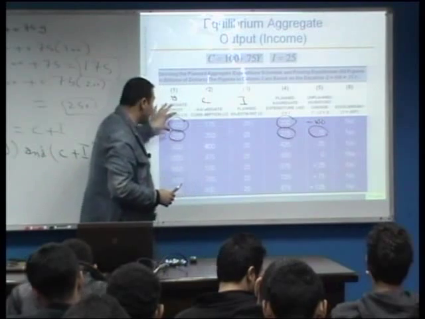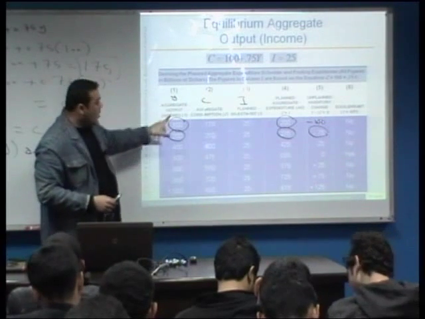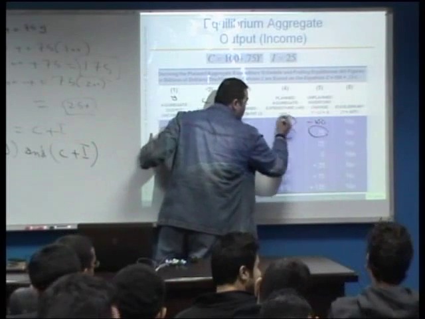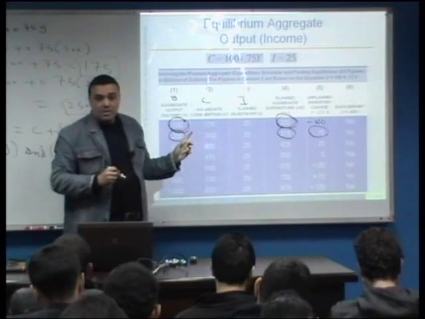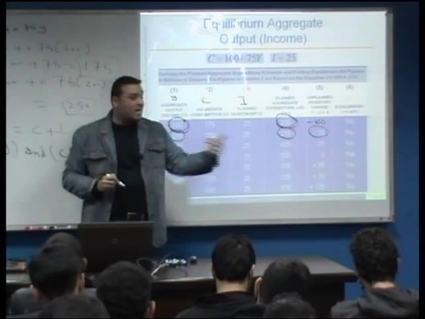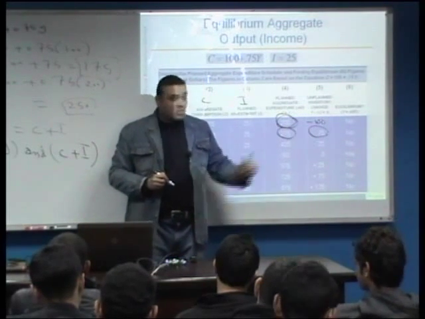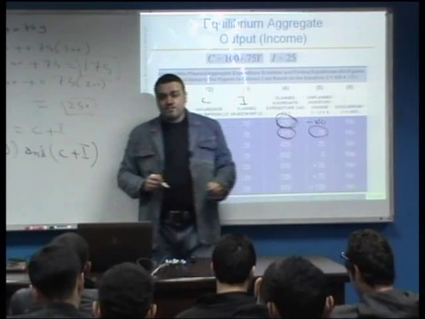So as you see in this case, which is greater? Y is smaller than the aggregate demand or the aggregate expenditure. So in this case, we have a negative unplanned inventory change. Right? So there's no equilibrium.